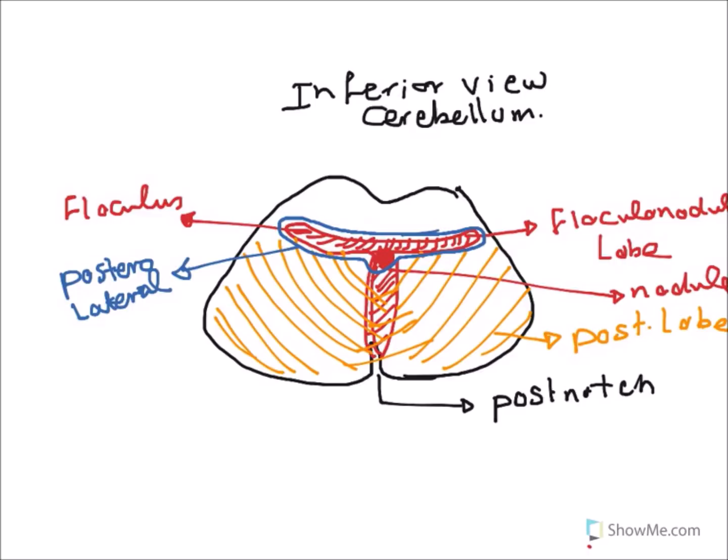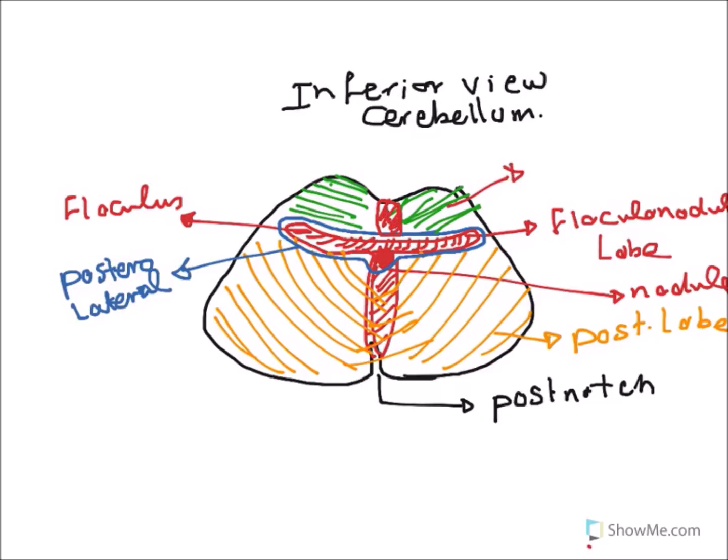This part of the cerebellum represents the superior or the anterior lobe of the cerebellum, with the part of the vermis that is on the superior surface, which is the superior vermis.